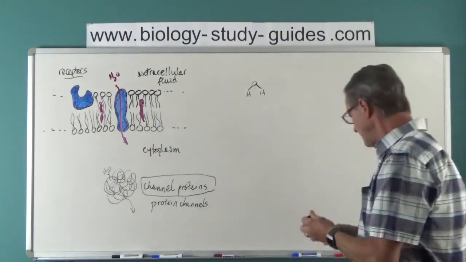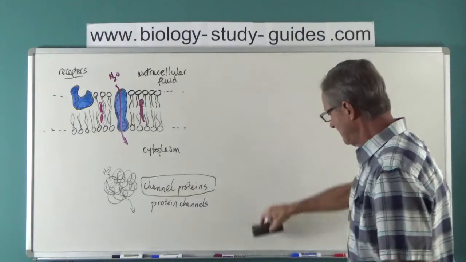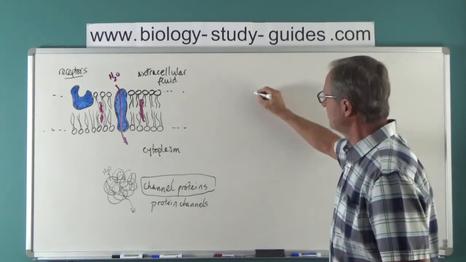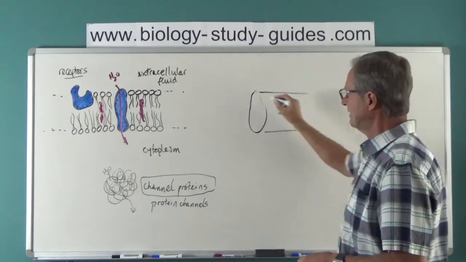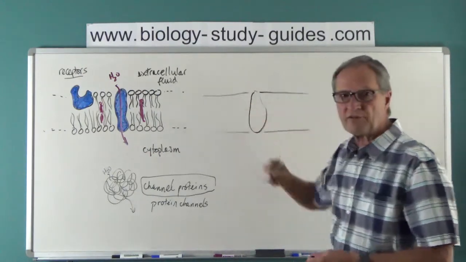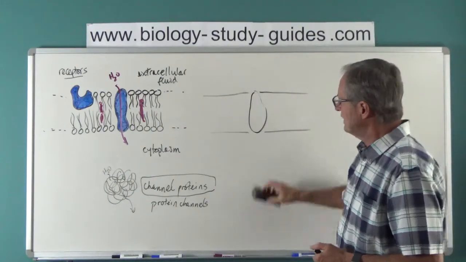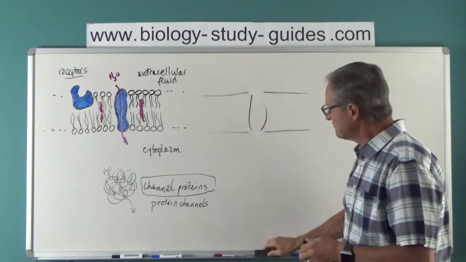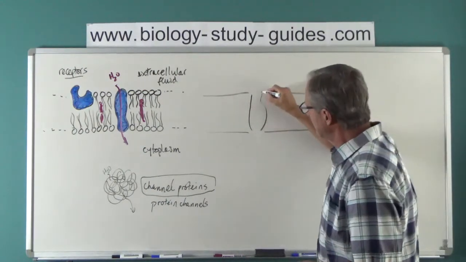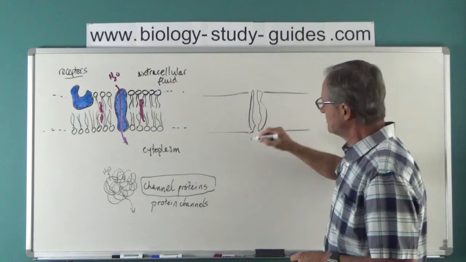Another one is, and I'm just going to draw another protein over here, like that protein. If we take a protein that's in a membrane, here's the membrane itself. I won't draw all the phospholipids, it'll take too long. This protein, if I cut it in half now, does have a space through it.